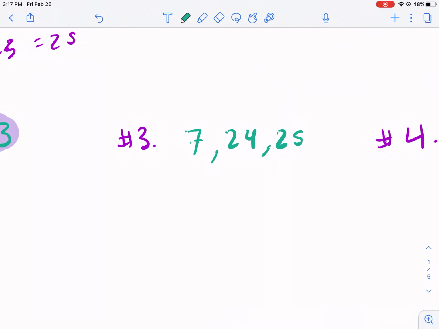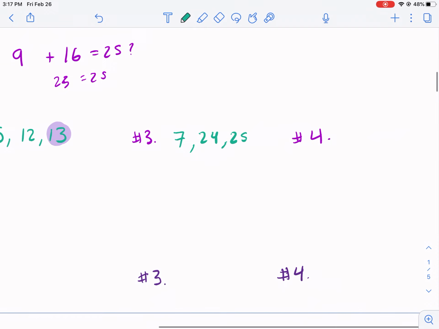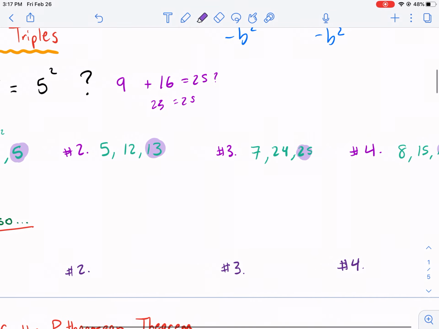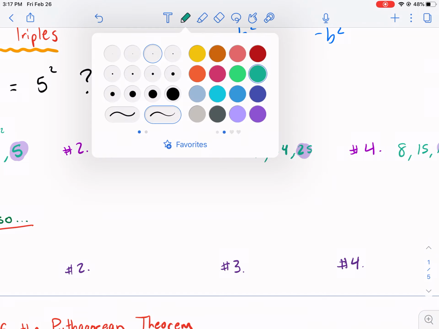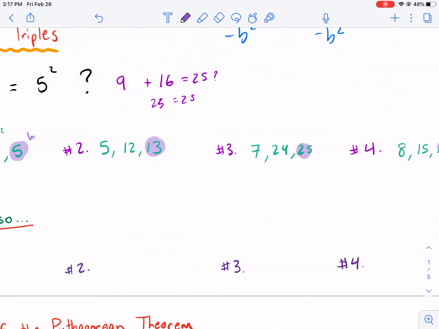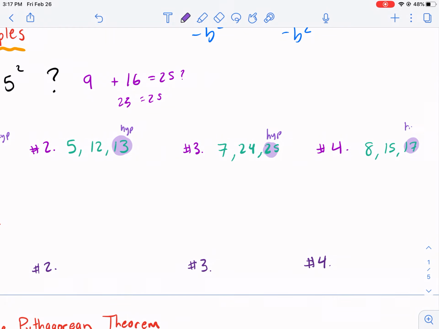Okay, that's another combination. And the last one is 8, 15, 17, and again, the biggest side is the hypotenuse. So maybe I should write that down. 25 is the hypotenuse, and then 17 is the hypotenuse.